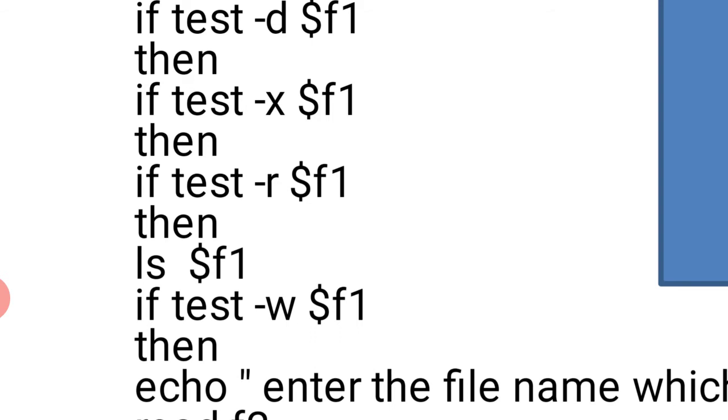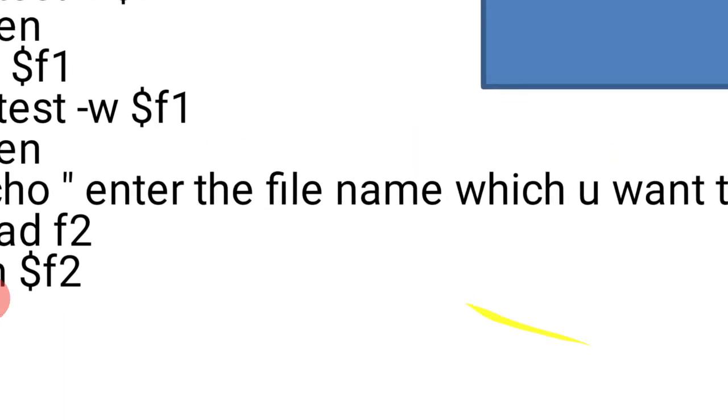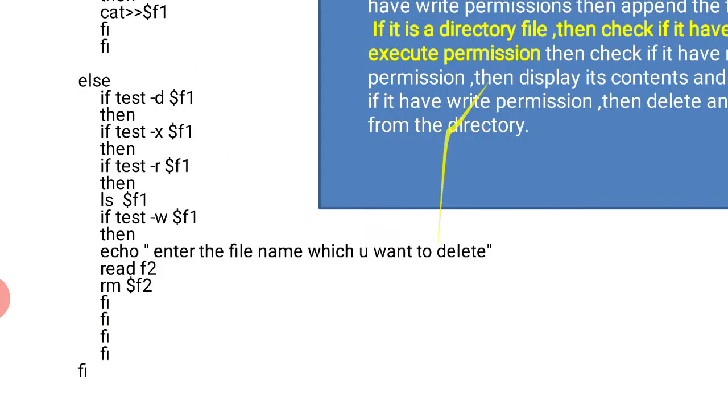If the directory has write permission, then enter the file name which you want to delete. Which file you want to delete is your choice. read f2. Sorry, students, never use a dollar sign when you read a variable. Next is the remove command, rm $f2. f2 is not a file name, it is a variable here.